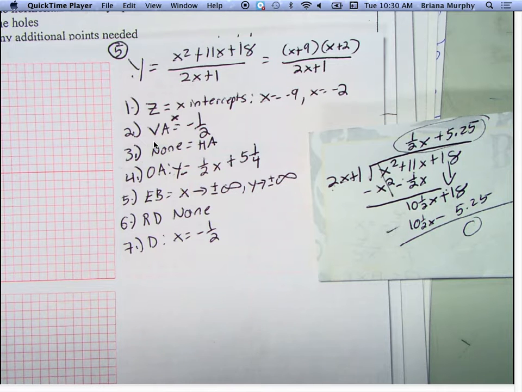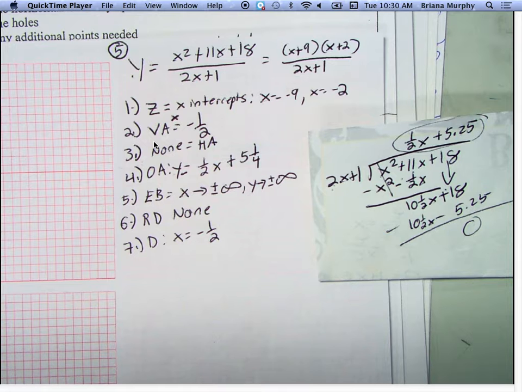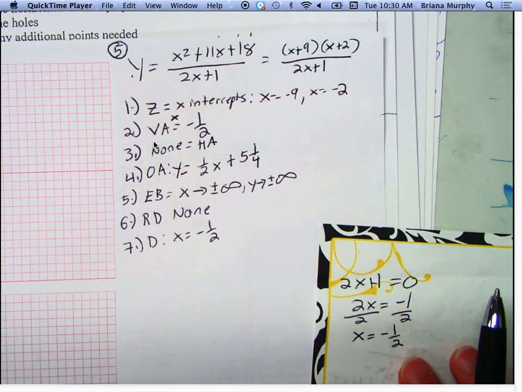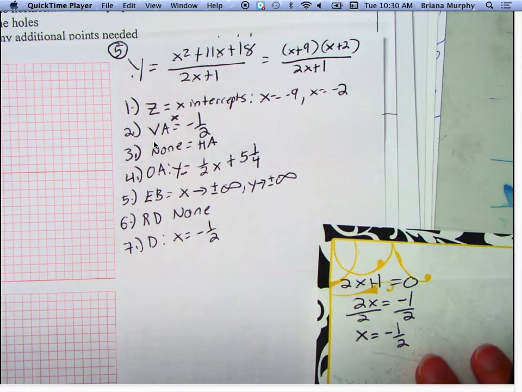Okay. This is where I need your full attention. Yes, I have one question. The bottom, where it's 2x plus 1, why couldn't we divide by 2, take the 2 out and make it x plus 1/2?